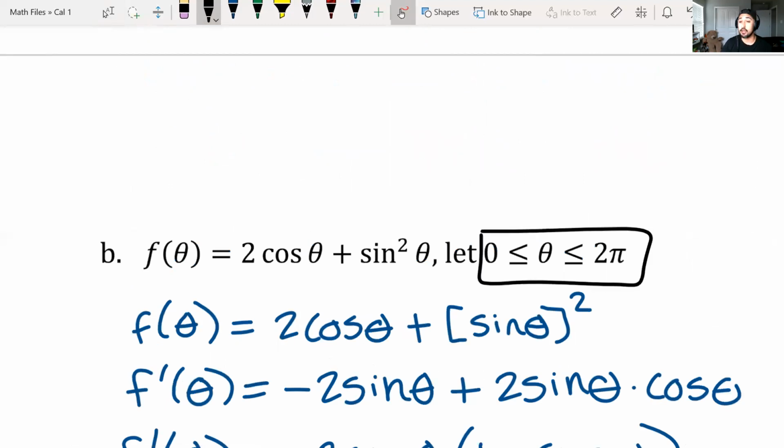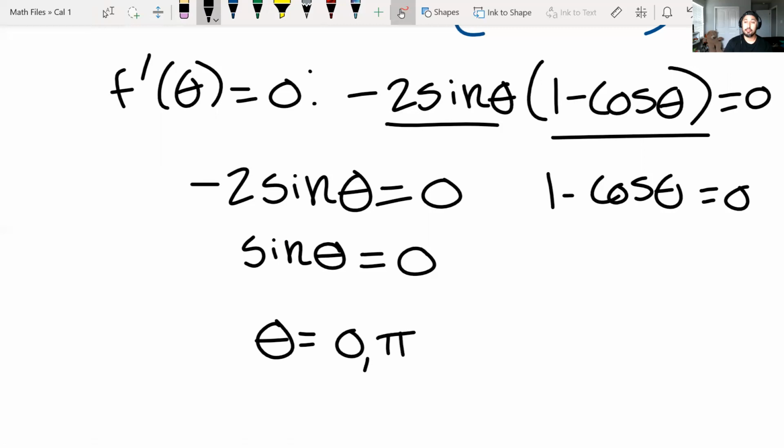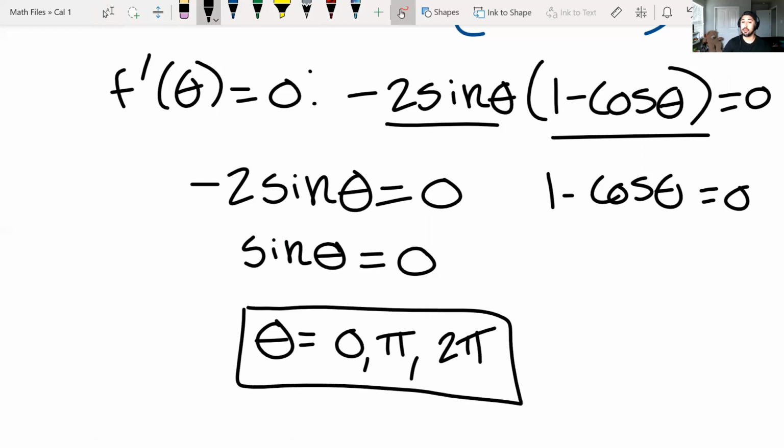These restrictions are here, and we only want values that are on the unit circle, okay? So now we ask, what values of theta on the unit circle make the sine function equal 0? Those radian values happen to be 0 radians, pi radians, and 2 pi radians. These are the first set of critical numbers.